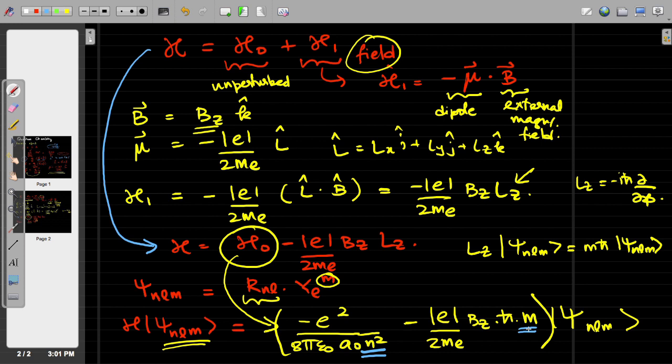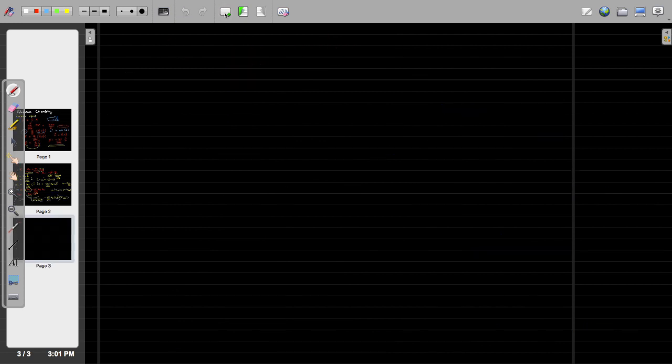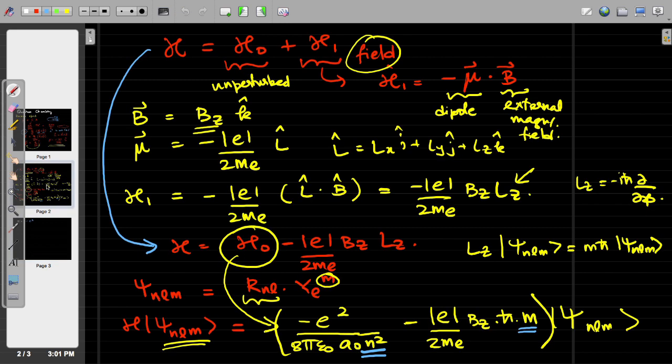Okay, so now what does this finally cause? Let's rewrite this equation so that we simplify it. So E is given by minus e square. There's a subtle mistake that has happened here: when you have minus mu dot B, the minus sign ends up getting changed to plus. So this is going to be a plus, and this is going to be a plus.